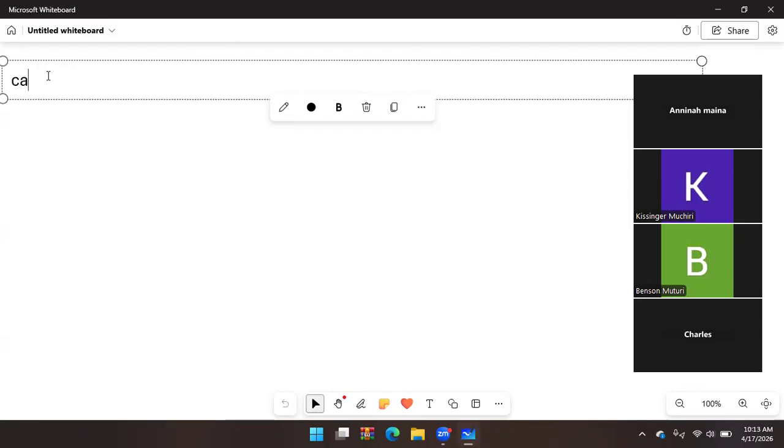For those who are writing, a candlestick is a technical analysis tool used in market analysis.